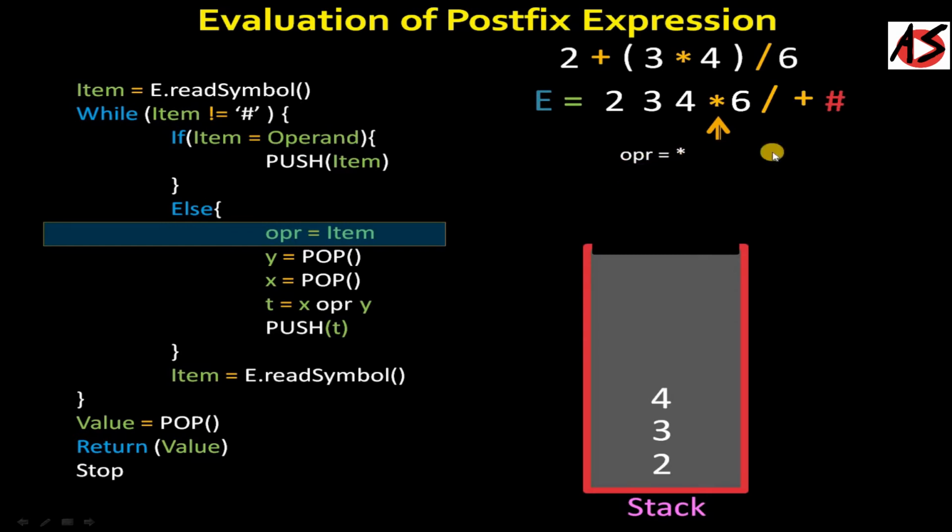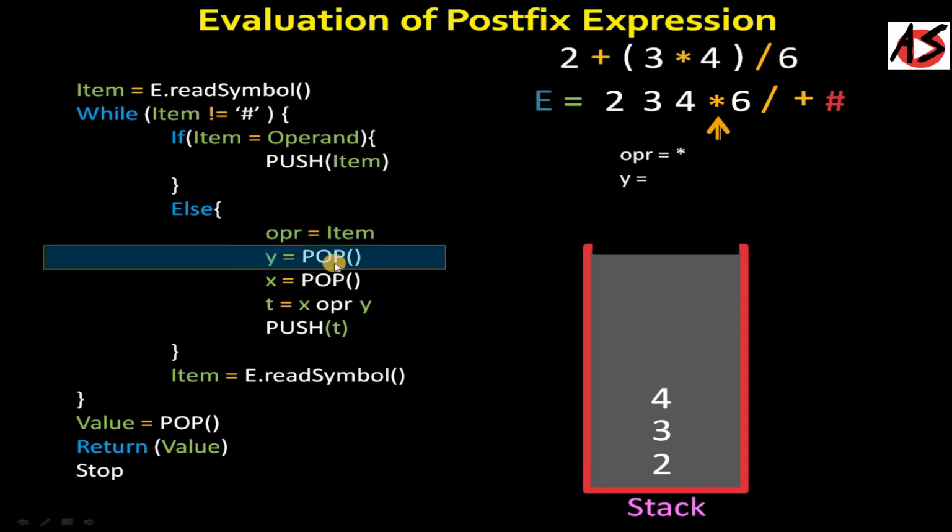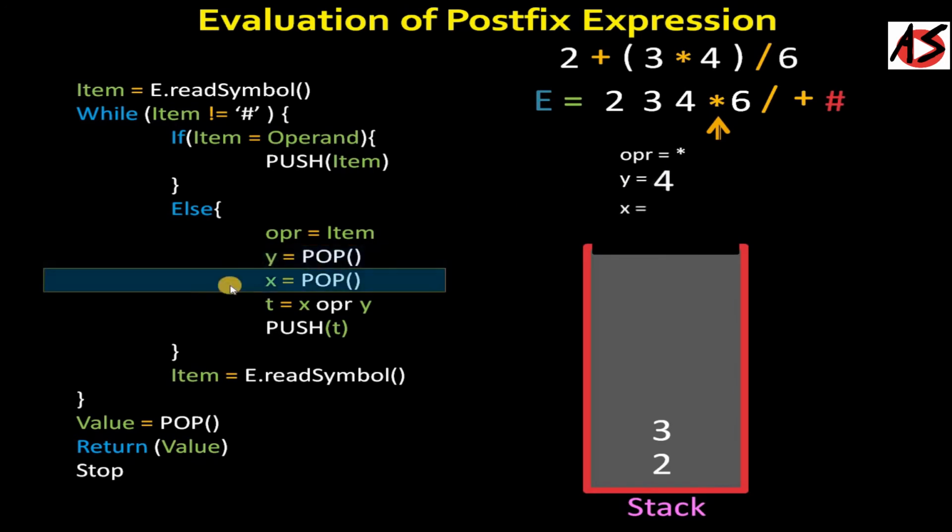Now we move ahead. Here we have y is equal to pop the entry. We pop the entry, so now y is equal to 4. Moving ahead, we have another variable, x.